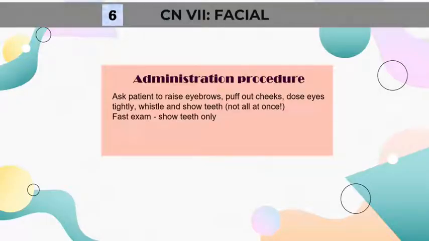Moving on to the 6th component of cranial nerve assessment, which is the facial nerve test. This is the administration procedure. Okay, next, we move to the facial test. So, I want you to raise your eyebrow. Okay, good. Next, I want you to puff out your cheeks. Okay, good.